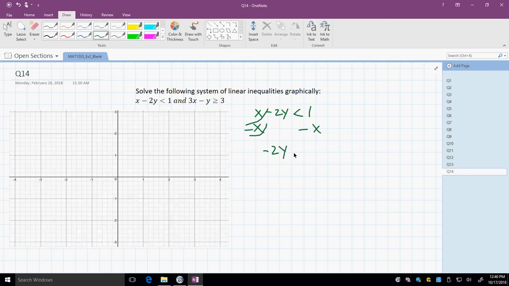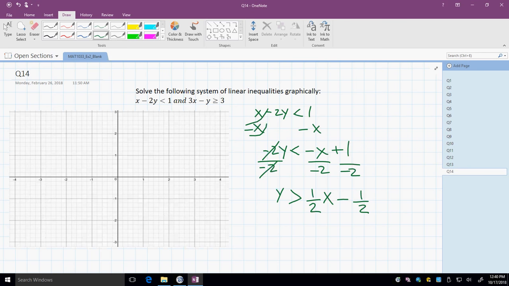Negative 2y less than negative x plus 1. Now I'm going to divide by negative 2. Every time I divide by a negative number, I need to flip the sign. So this cancels. Now I have y greater than positive 1 over 2x minus 1 over 2. Do you know what I did there?